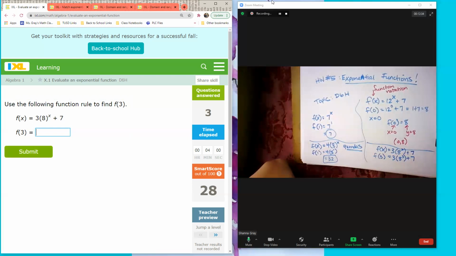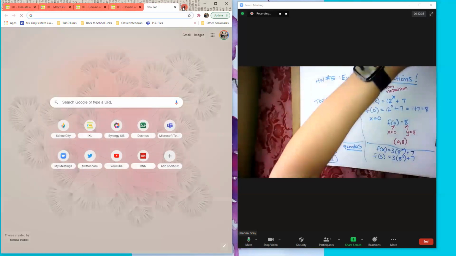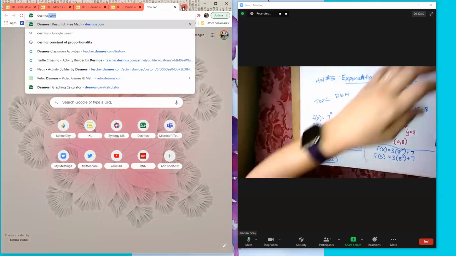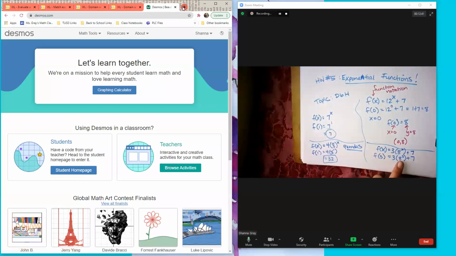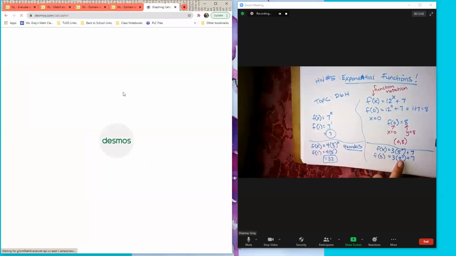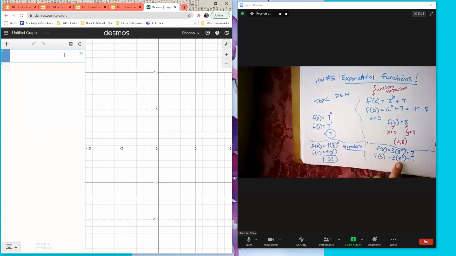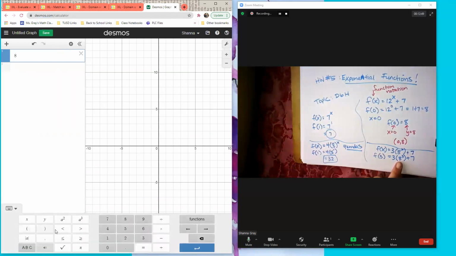I do feel like if you guys need to use a calculator, you certainly can. There's no reason that you need to be doing multiplication like this. Also, I recommend Desmos as a good calculator to use in case you don't have one. If I want to make this to the 3rd power, I click A to the B like that, and then type 512.